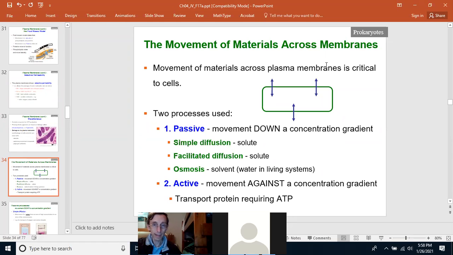But please understand, this also applies to other membranes in a eukaryotic cell, such as the membrane of an organelle, like the endoplasmic reticulum. You can have movement of material across that membrane that's making up part of the endoplasmic reticulum. Any question about that?